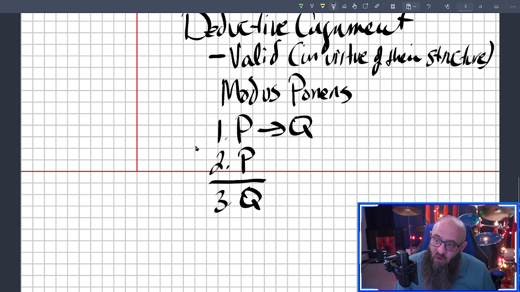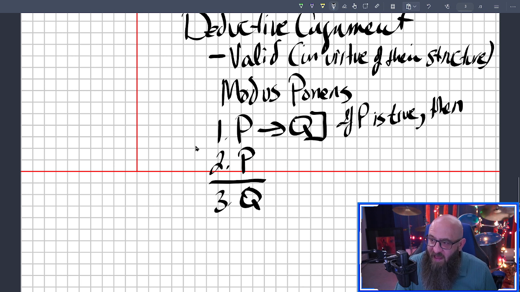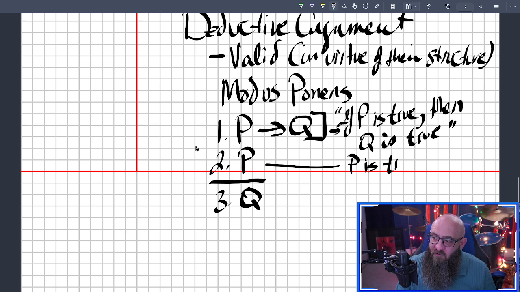And what it says is that, something to the effect of, if P is true, then Q is true. That's kind of what this sentence says. And this sentence says P is true.